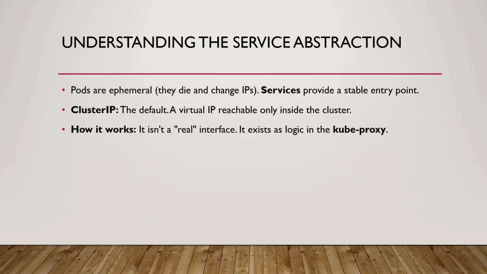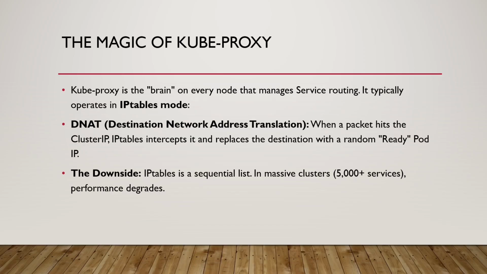Okay, so basically kube-proxy injects everything inside the host kernel. All the magic happens in kube-proxy. Kube-proxy is the brain on every node that manages service routing. It typically operates in iptables mode. DNAT is used, destination network address translation. When a packet hits the cluster IP, iptables intercepts it and replaces the destination with a random ready pod IP.